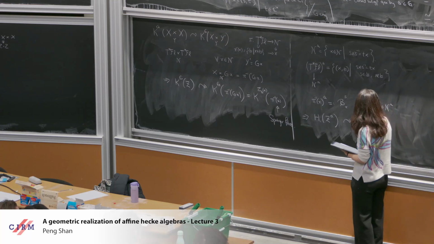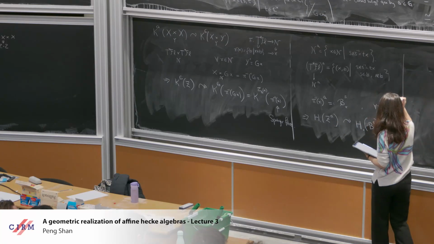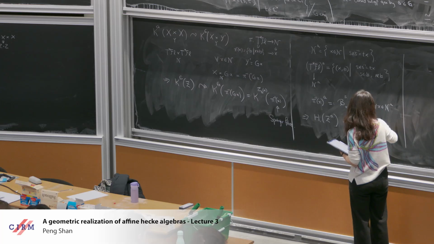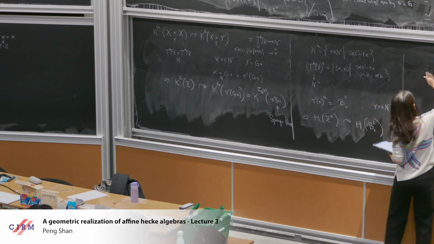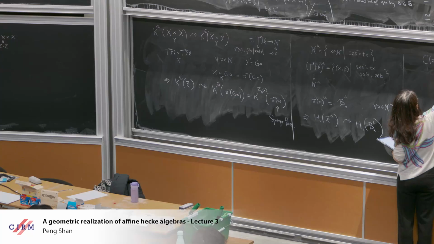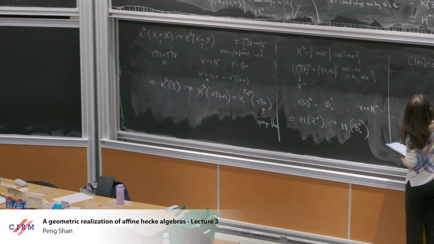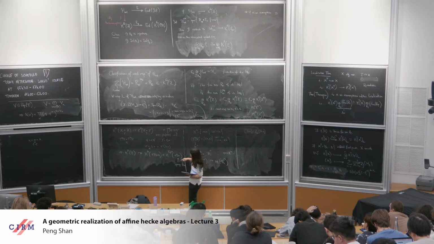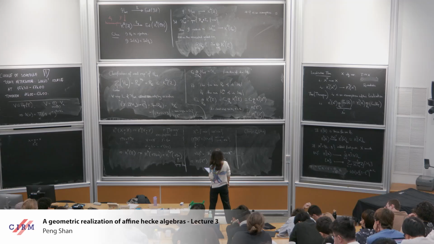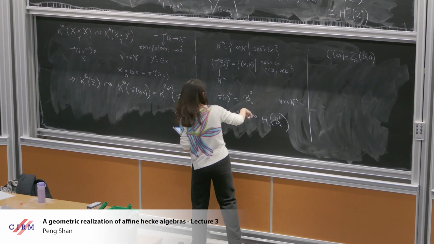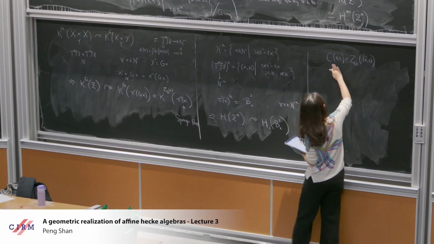So in this way, you construct some representation of this affine Hecke algebra with the central character A, and moreover, on this space you have a natural action of the centralizer of both X and S. So you still have C_{X,S}, the centralizer in G of the pair X and S. This is the centralizer of X, but when you restrict to this, you get an action of this centralizer.